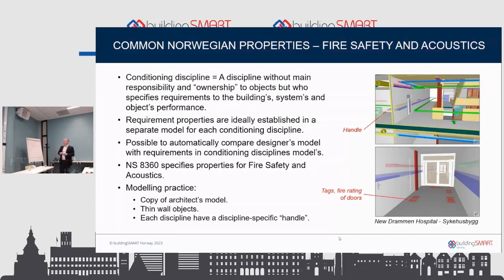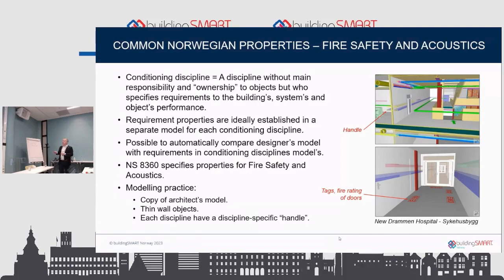So this is an example that Shaliva was leading in a hospital building. In the pictures, you have thin walls, so they don't interfere with the surface of the architect wall. It was a copy of the architect model, but you have this tag that makes it easy to point to for fire rating and for acoustics.